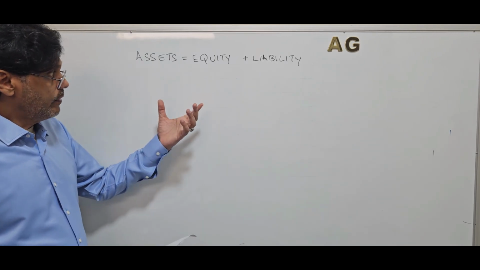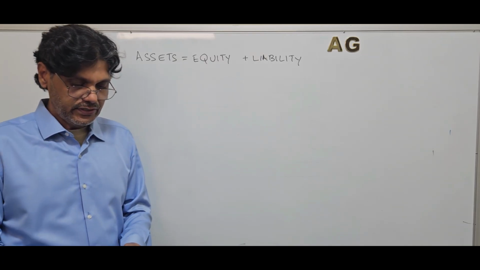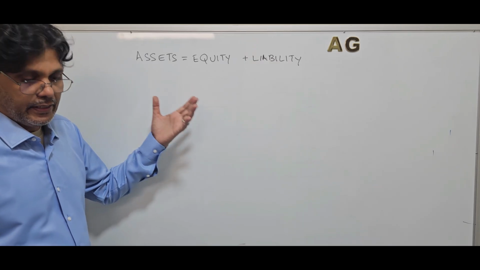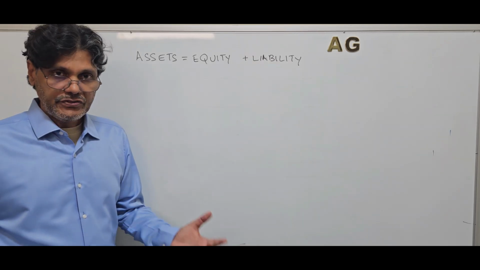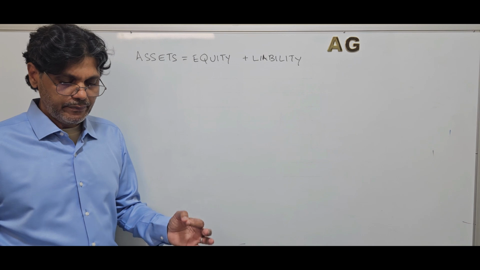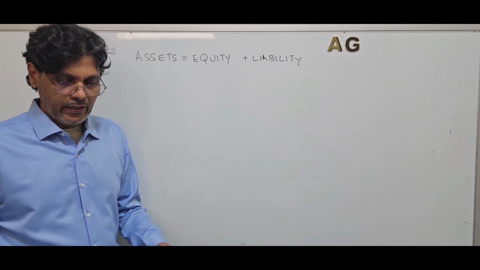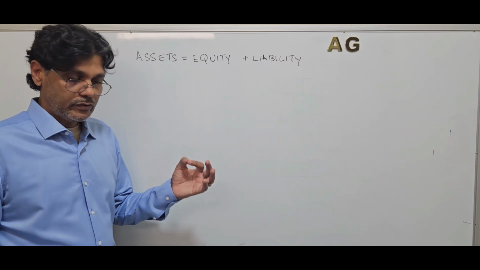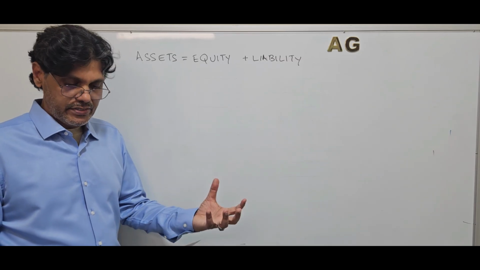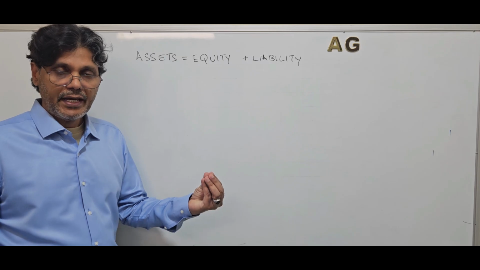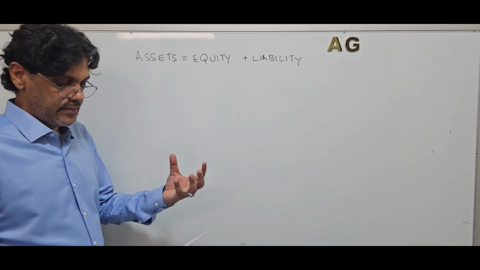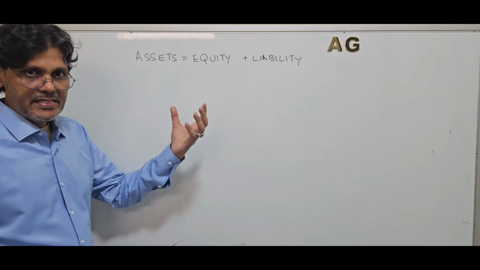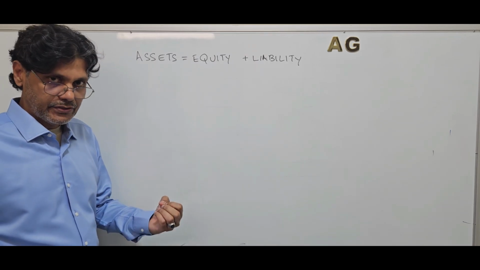Now let's look at these transactions and see the impact on this accounting equation. The first transaction is commenced business by introducing $1,000 in cash. The business owner has invested $1,000 in cash. As a result, the business has received cash.